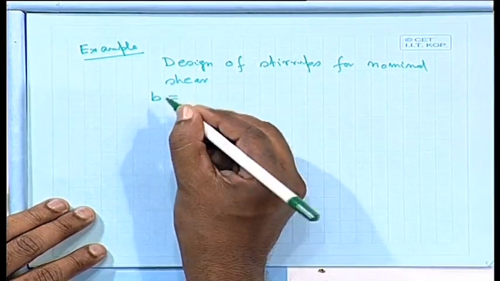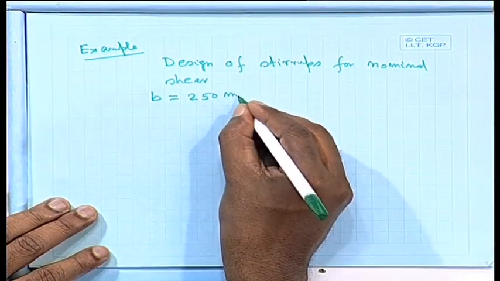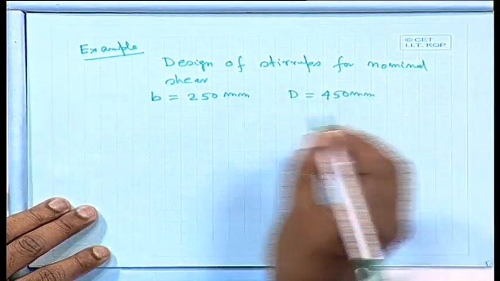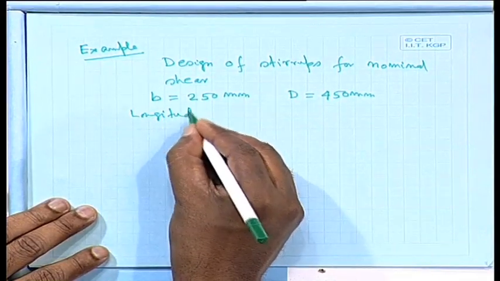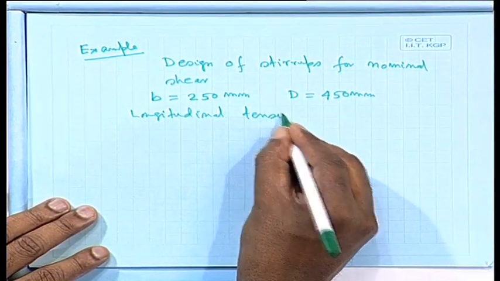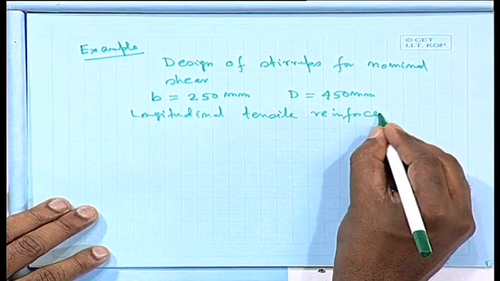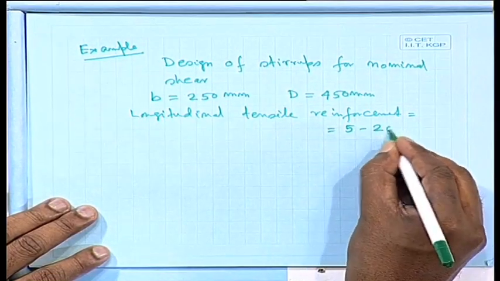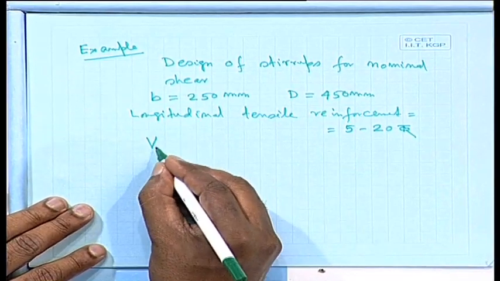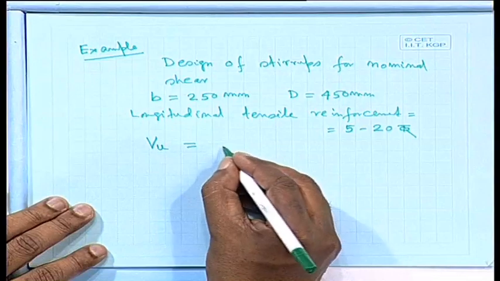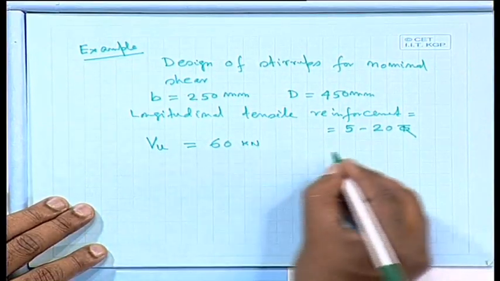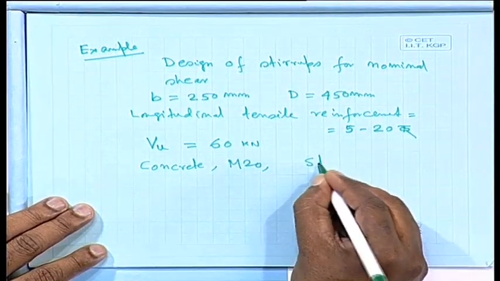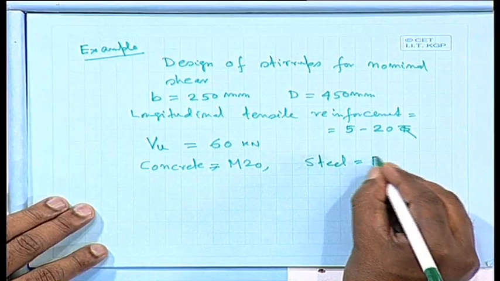Let us take B equal to 250 millimeter, D equal to 450 millimeter, longitudinal tensile reinforcement that is here 520 torr, VU the shear force, that is the factored one, 60 kilonewton, concrete M20, steel Fe415.